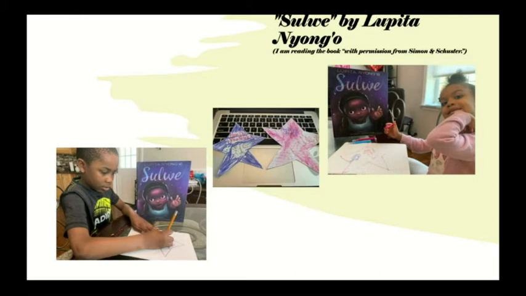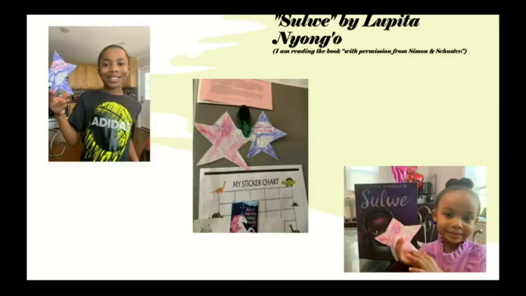I cut those pictures out. Remember, there is nothing big to do with this. I just used regular notebook paper, and after they were cut out, I placed them on the refrigerator door as an example of sharing the beauty within yourself and how you can shine. And there it is. Simple activity that you can do at home based off of the book Sulwe.